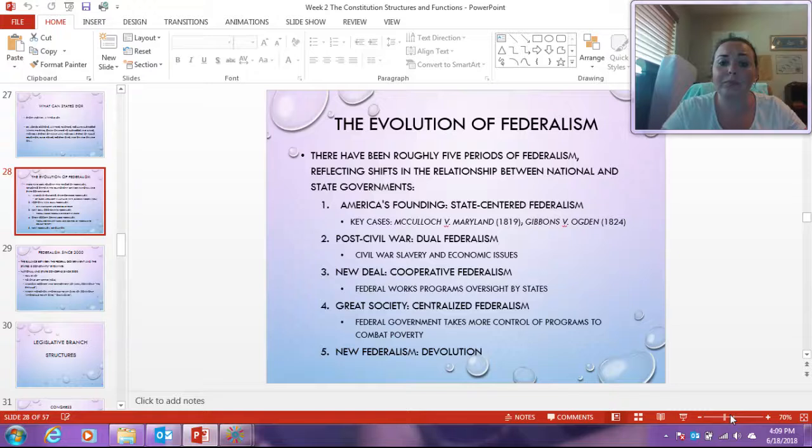And then we had a shift when we had dual federalism during the Civil War, followed by a very large upheaval of federal power during the New Deal and the works programs associated with the New Deal, which they refer to as cooperative federalism or marble cake federalism.